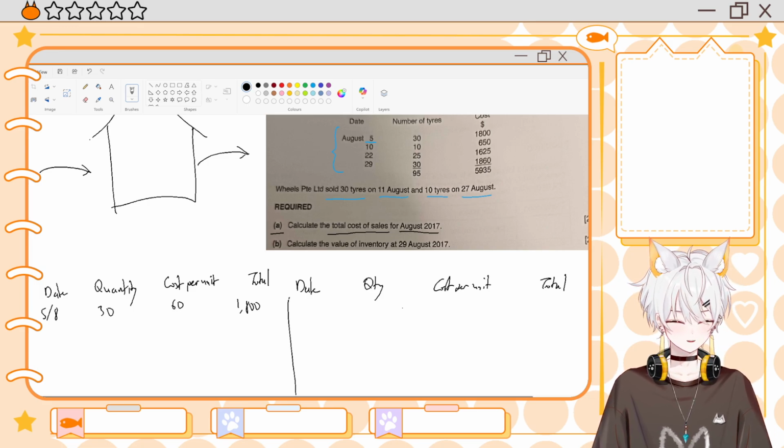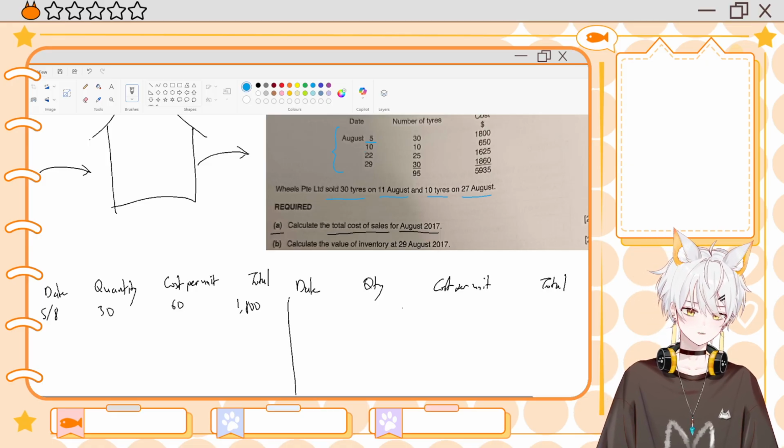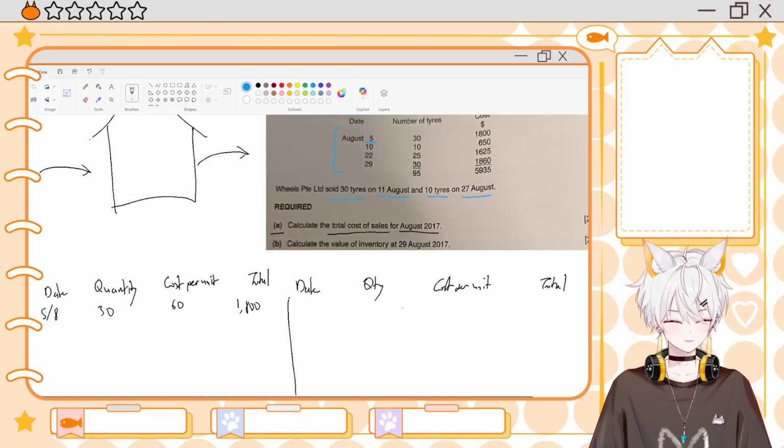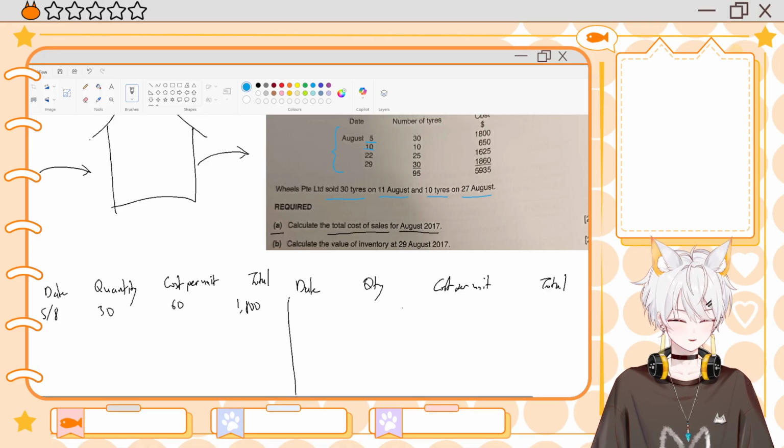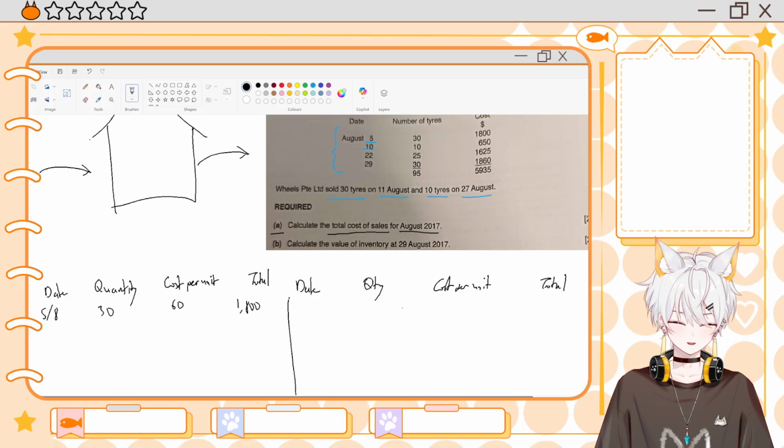Look at the next purchase date, which is the 10th of August. Is it earlier than the first day of sale, the 11th? Yes, it is. That means you have another purchase, so you just record it down.